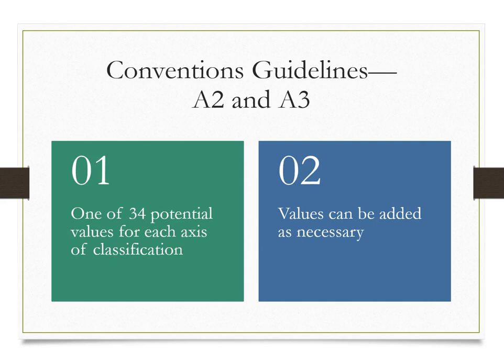Guideline A3: the valid values for an axis of a classification can be added as necessary. So those 4 cooperating parties, the Coordination and Maintenance Committee, will make a decision as to when a new character value must be added.